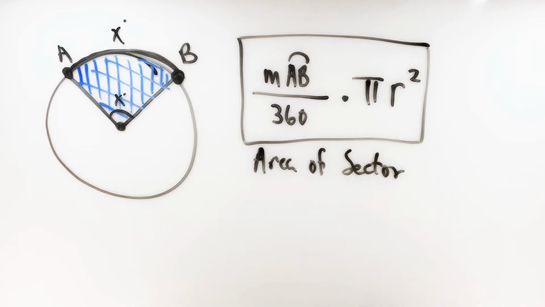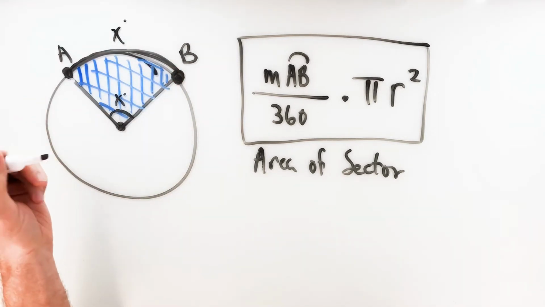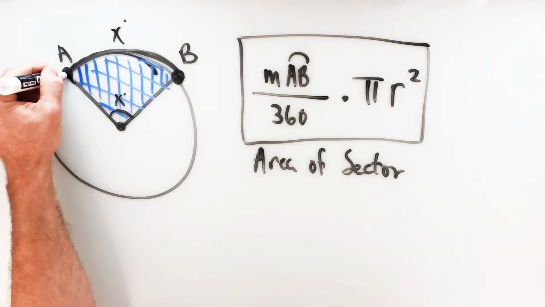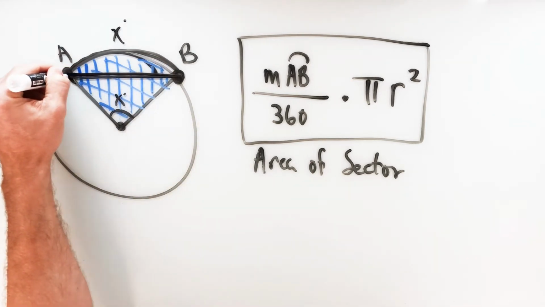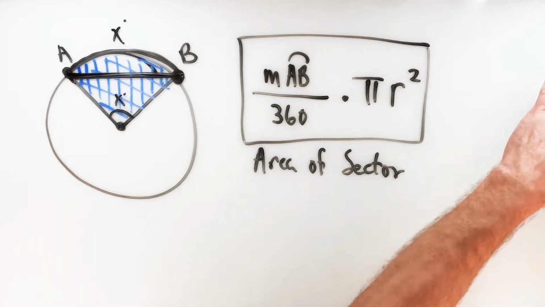The last piece of a circle that we're going to find the area of is what we call the area of a segment of a circle. A segment of a circle is the region bounded by the arc and the segment that joins the two endpoints. So if I join the two endpoints A and B, what we've done is cut off this little piece right here.